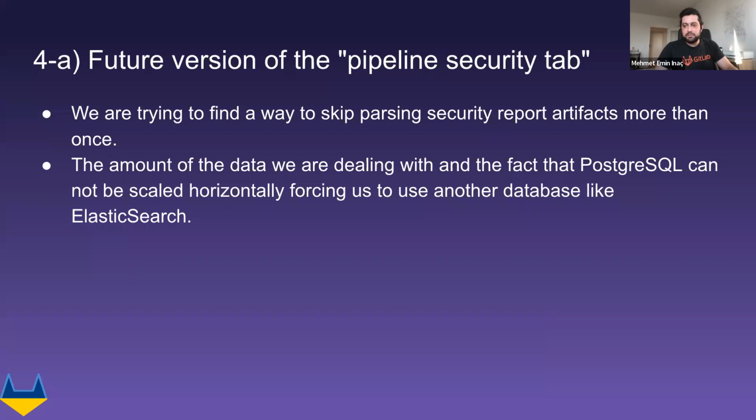But we can't basically store all the security findings in PostgreSQL, because PostgreSQL is not horizontally scalable, and we have gigabytes of data, maybe terabytes of data when it comes to vulnerabilities. Imagine scanners generating thousands of vulnerabilities for each pipeline run. This is why we are looking for another database engine.